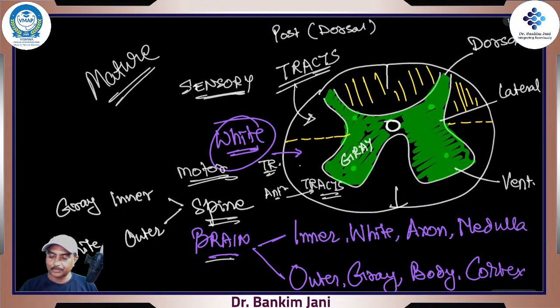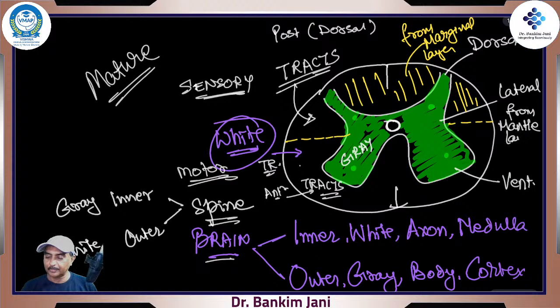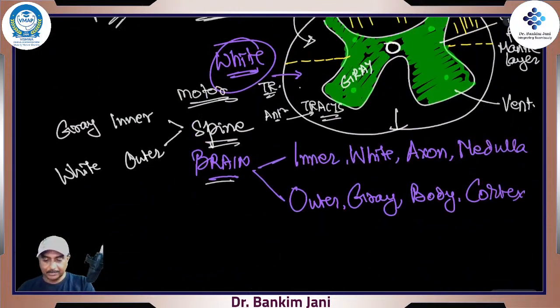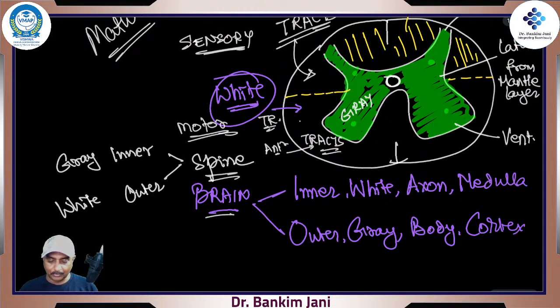So we'll just write that from the marginal layer, and lateral, that is from the mantle layer. And yes, this would be the white matter. The outside would be the white matter, right? And this one would be the gray matter.